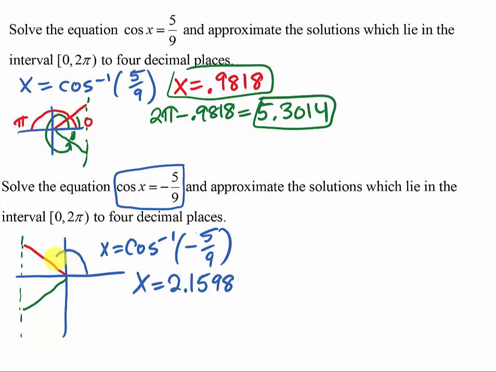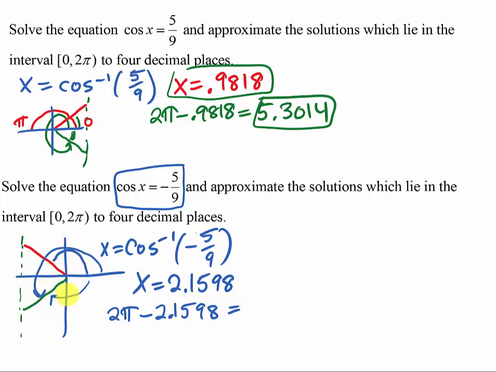Well, I know that this angle right here is 2.1598. Well, I can see that that is an angle of the same size but in the negative direction. So if I did 2 pi, which would be all the way around, and I took off this angle, minus 2.1598, then that will give me this angle right here.